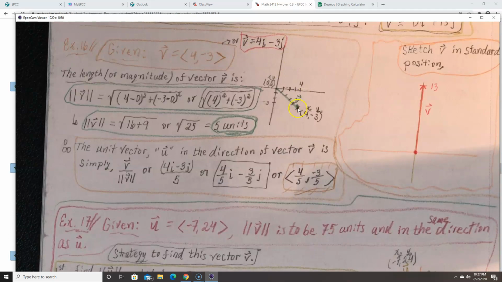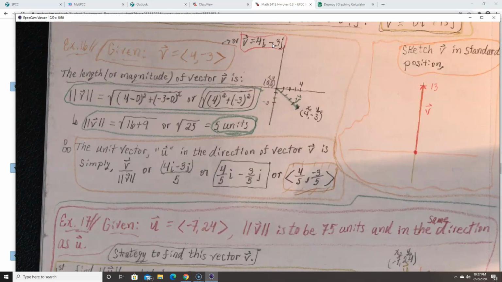Well, either way, you end up right here. And we're at the terminal point, which is 4, -3. You can think of this as the P, which is 0, 0, and this says Q, your directed line segment PQ, but where P, the initial point, is at the origin, which means it's in standard position. So whenever they give it to us like this, in component form, or as a linear combination of i and j, that means the vector is in standard position.